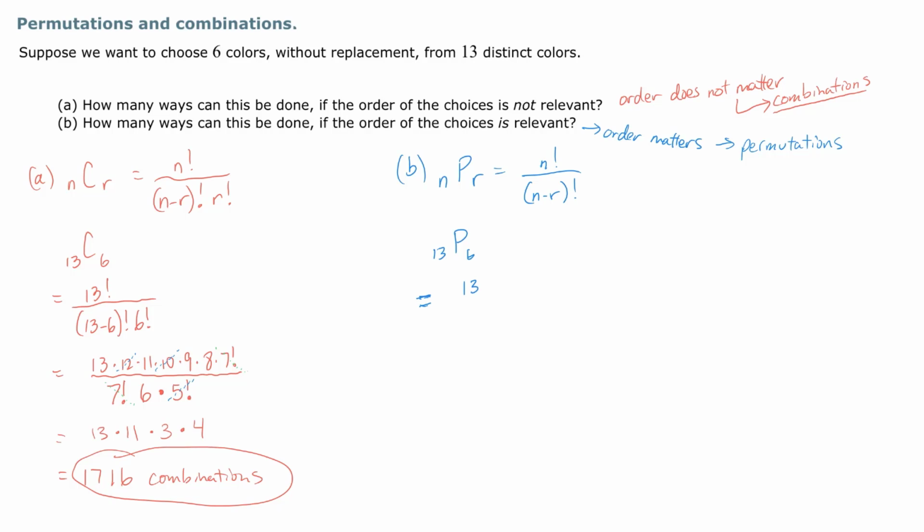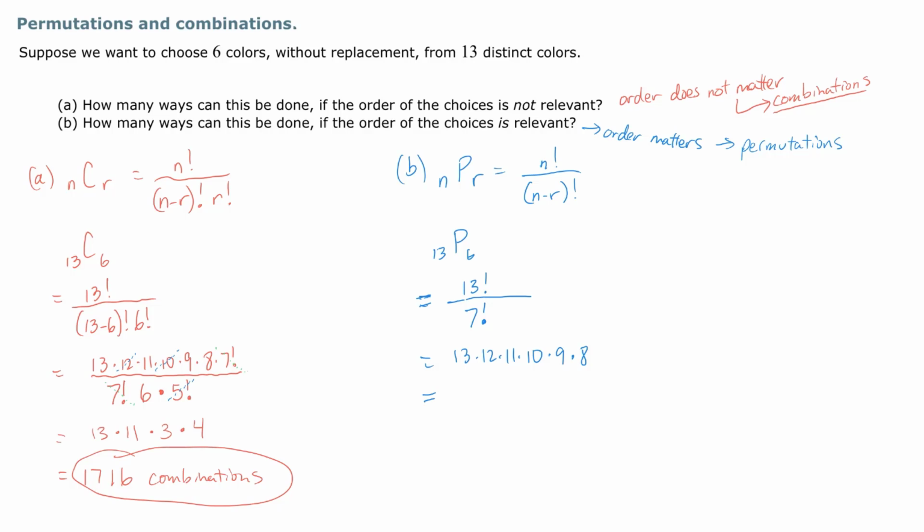And using this formula, we have 13 factorial over 13 minus 6 factorial, which is 7 factorial. And that is, of course, 13 times 12 times 11 times 10 times 9 times 8. And go ahead and use a calculator to get that.